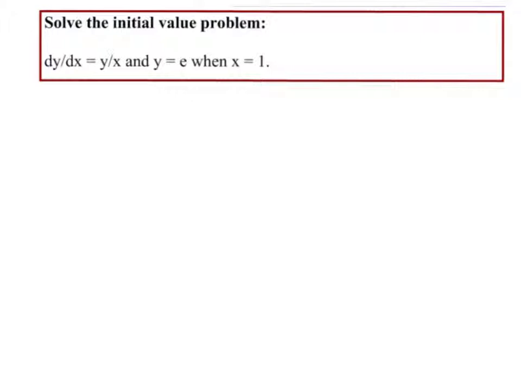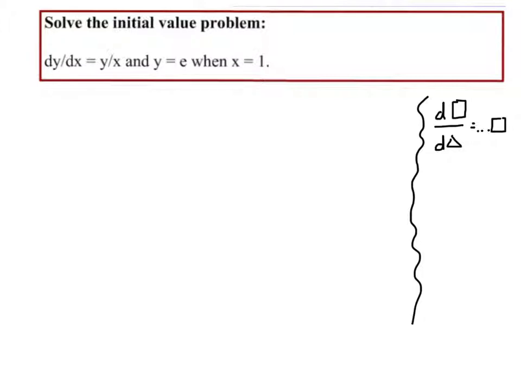So let me remind you first what we're looking for when we do a separable differential equation, because it won't always be with y's and x's, is when the change in the square is directly related to the value of the square.